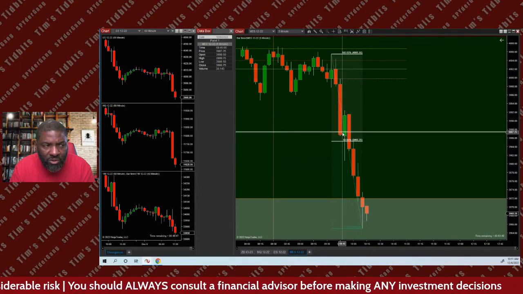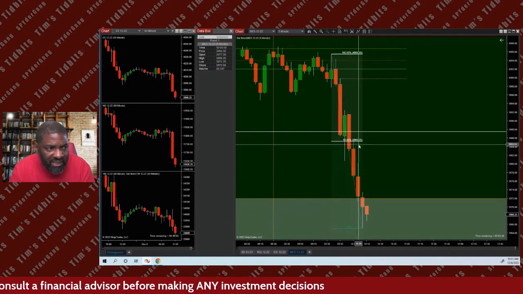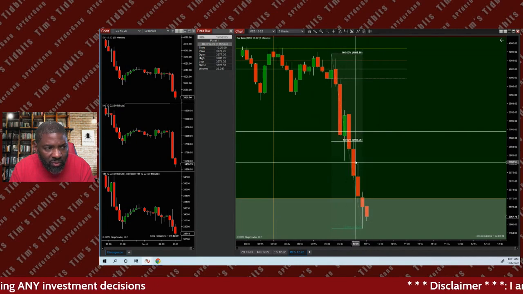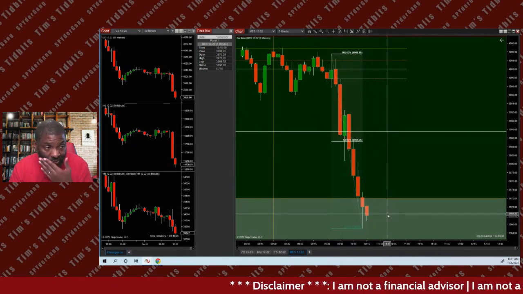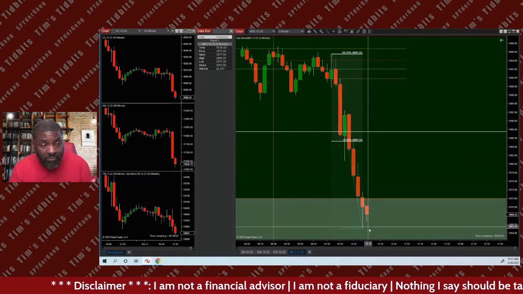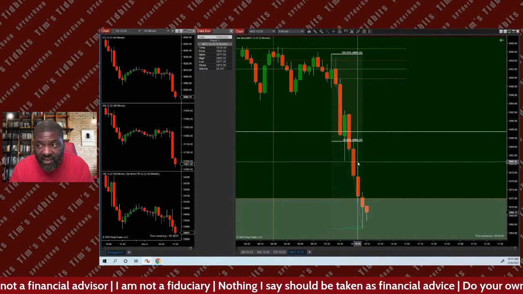On this price leg, we're still in the discount right here. So I wouldn't be looking at this fair value gap to short from, if I'm on this entire price leg, because this right here is still in the discount.